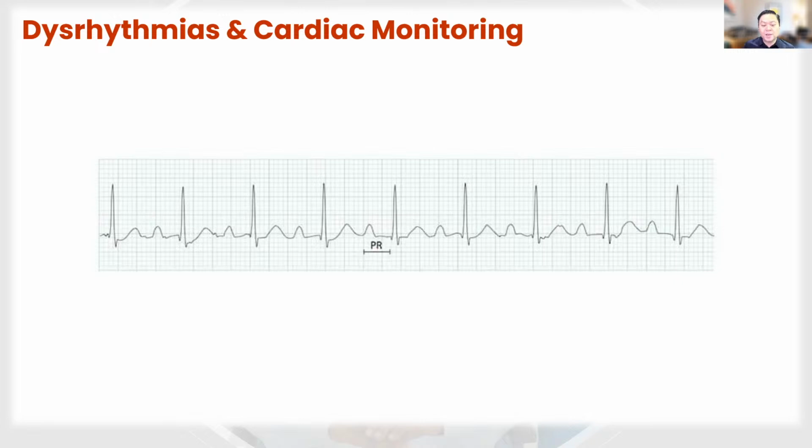We're going to talk about the heart block, starting with the first degree AV block. The problem here is that the patient now has a prolongation in their PR interval. So what's going on? There is now a prolongation in the PR interval.